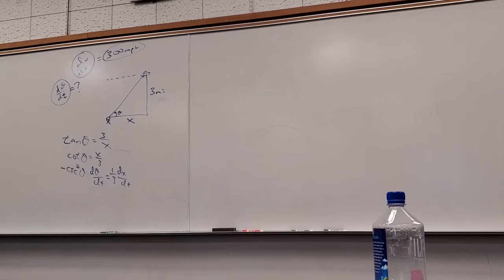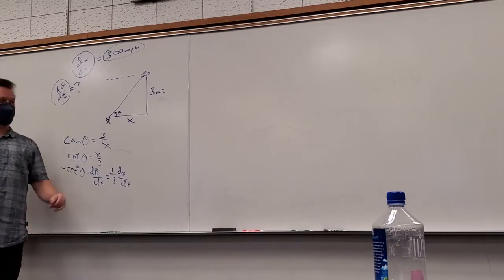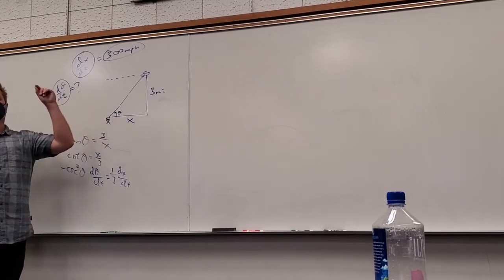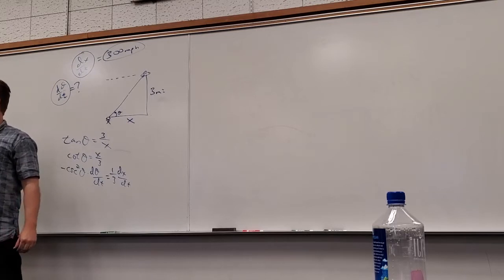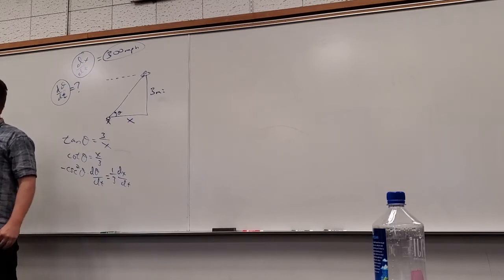So I need to know what the angle is at the snapshot. So at 10 minutes, how are we going to figure out what theta is after 10 minutes? Pythagorean theorem. Does the Pythagorean theorem say anything about angles? Just the fact that you need a right triangle?